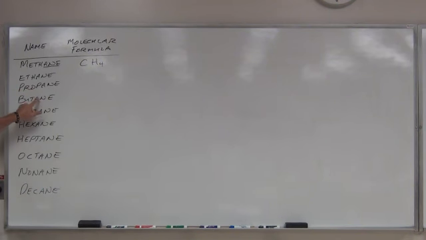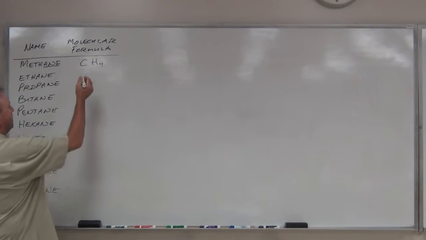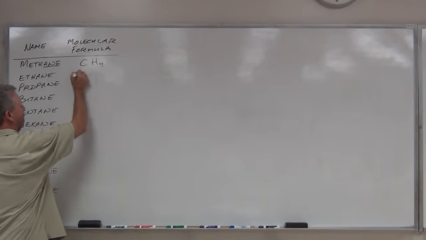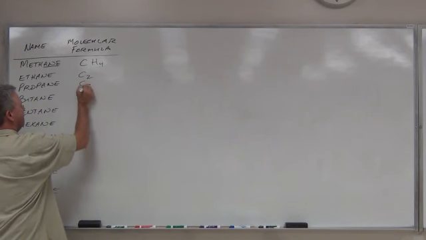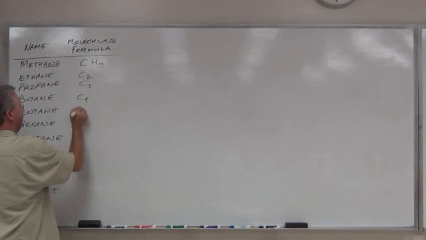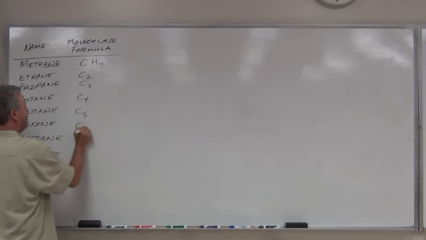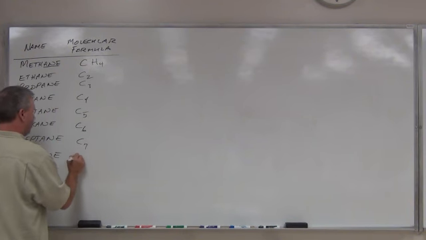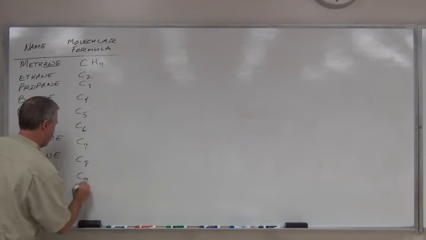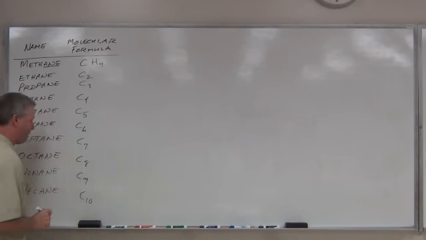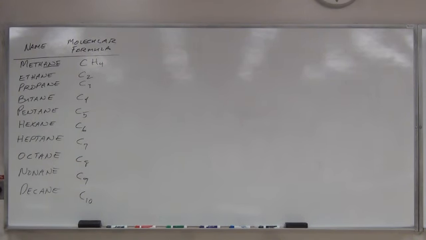For each successive alkane, you increase the carbon by 1. So here was 1, we make this one 2, this one 3, this one 4, 5, 6, 7, 8, 9, 10. We increase our carbon by 1.